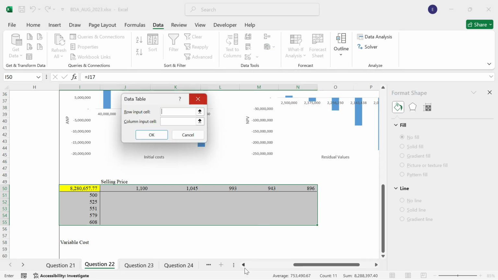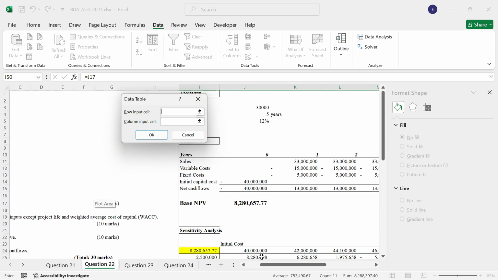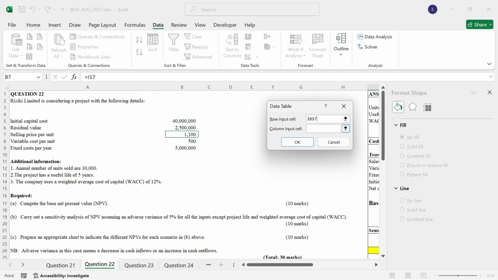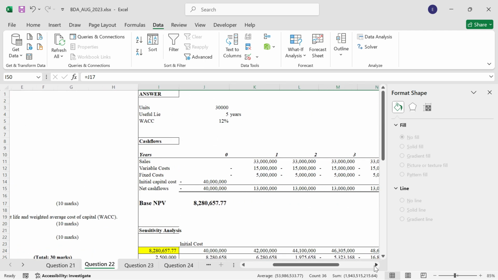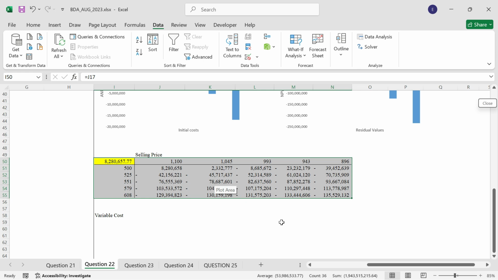My row input cell is the original selling price. And my column input cell is the original variable cost. Here again, I have my values.